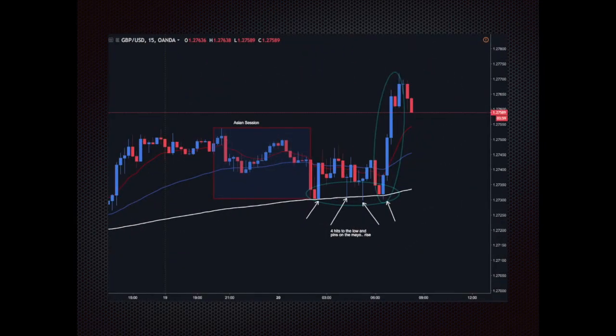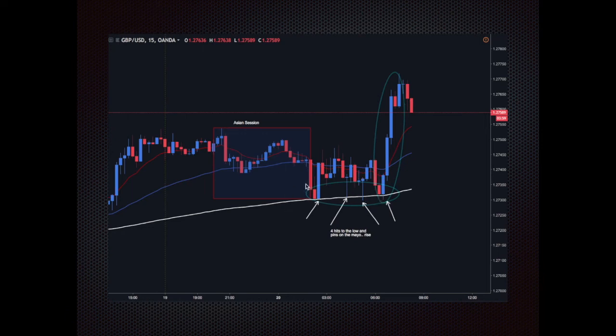All right, here's another one. And you see here on this one, we have basically 4 hits to the low, and this happens again whenever banks need to make enough orders for this move to happen. They hit it, hit it, hit it, hit it.